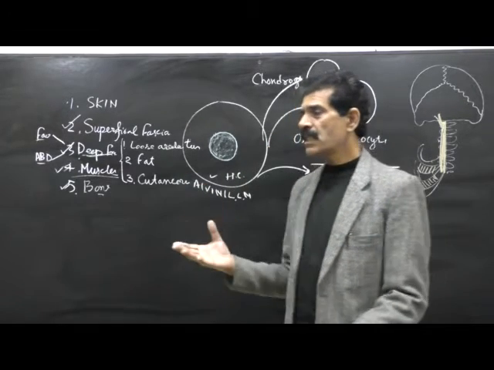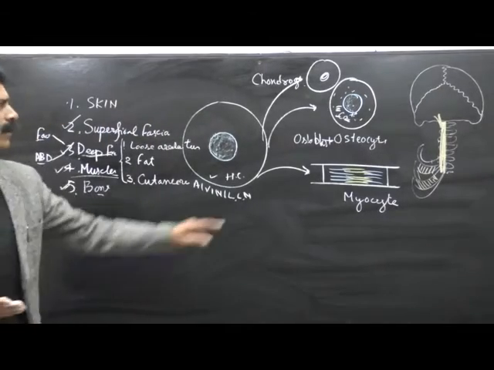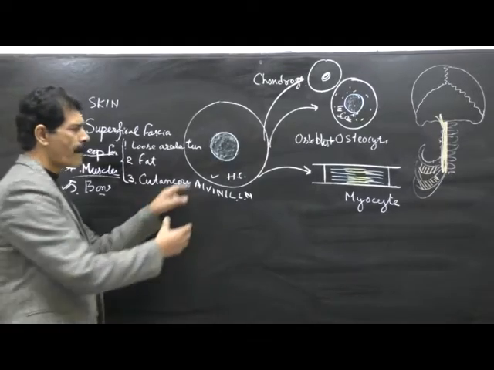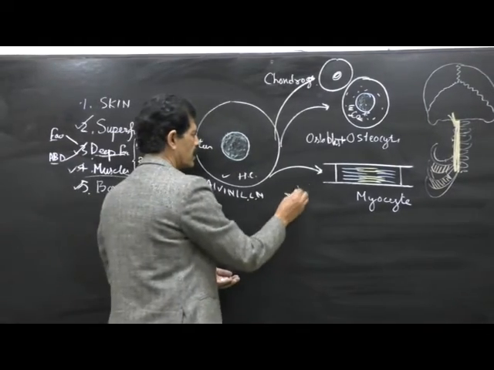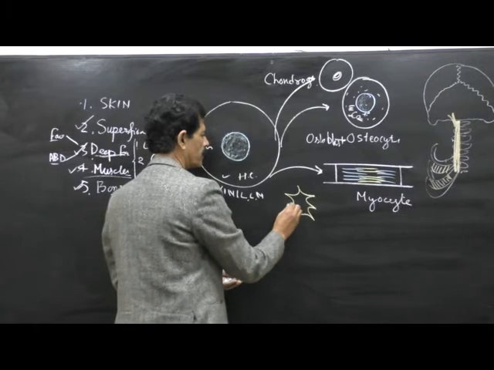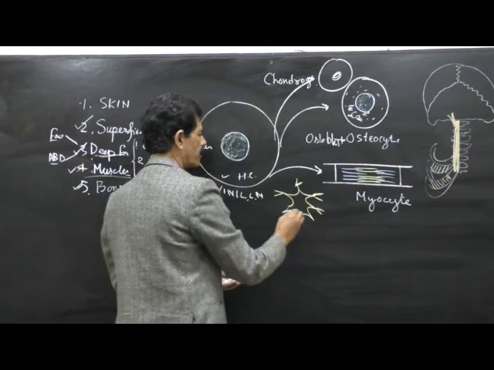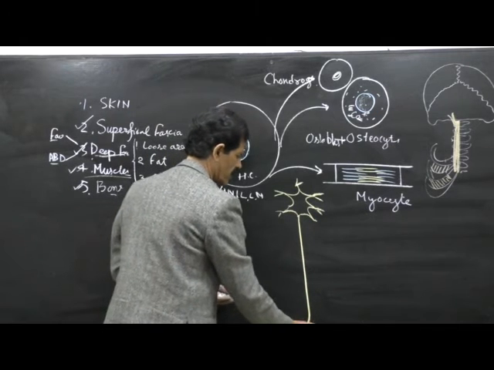So our immediate need is the construction of the brain and spinal cord. We will take this human cell and what will we do? We will stretch it, and divide it into branching, and we take a long process of this one.